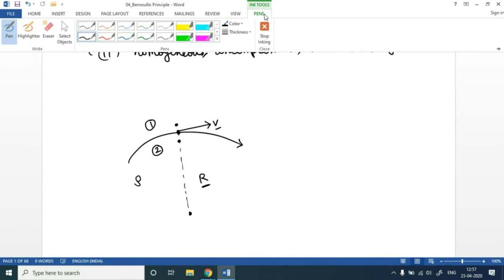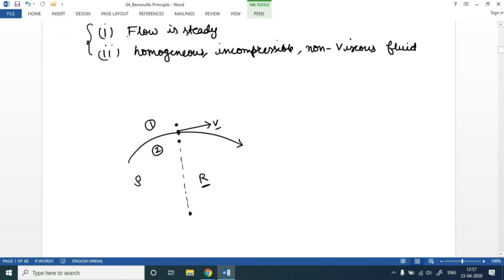In order to do that, we just need to do the force balance. Let's take an element of fluid over here. Let's say its cross sectional area is dA, and its width can be written as dr. Now, when we balance the forces on it, let's figure out what forces are acting on it.